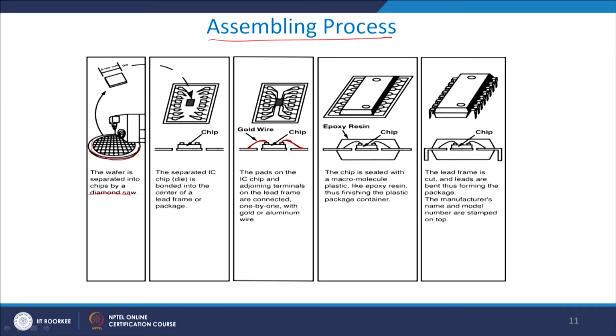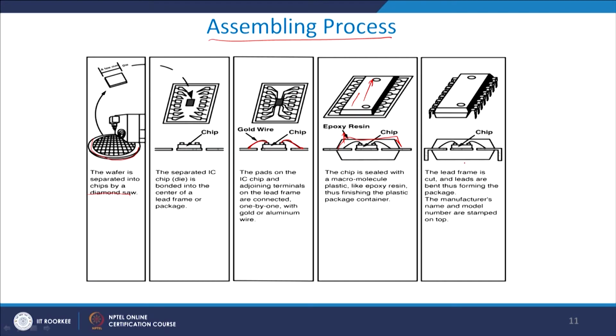The pads on the IC chip and the adjoining terminals are connected one by one with gold or aluminum wire. After you have connected them, the chip is sealed with a macromolecular plastic like epoxy resin, and this is the plastic container. So, the epoxy resin is over the whole chip so that it does not get disturbed.